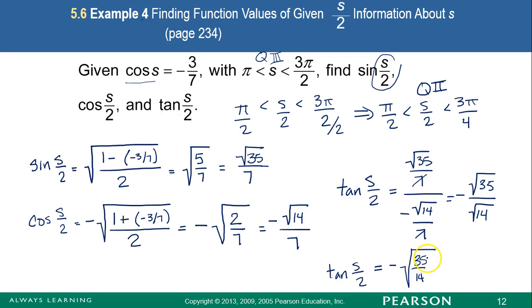Now, 35 over 14 reduces to 5 over 2. Splitting this back up, because we need to rationalize that denominator, we get negative square root of 5 over the square root of 2, which is the same thing as negative square root of 10 over 2. And we are done. So we got sine, cosine, and tangent of s over 2.